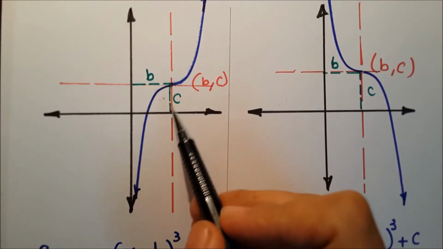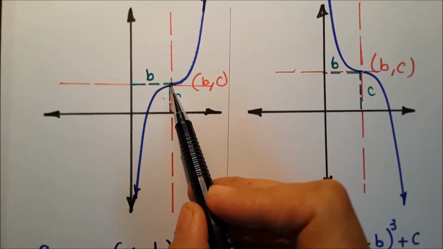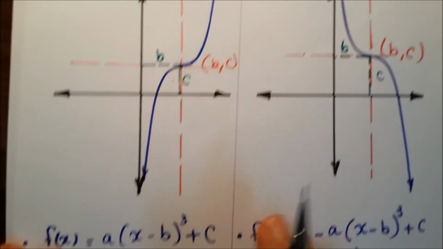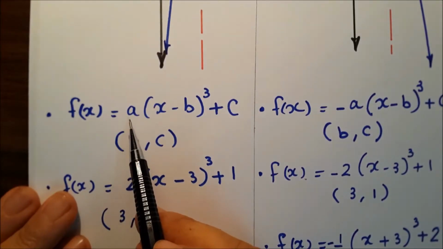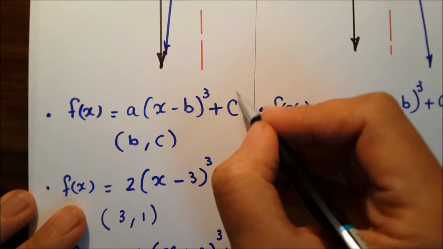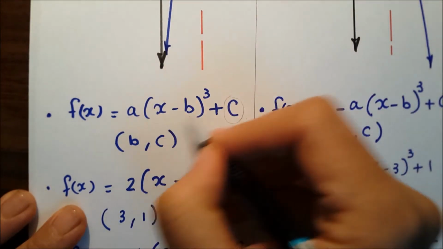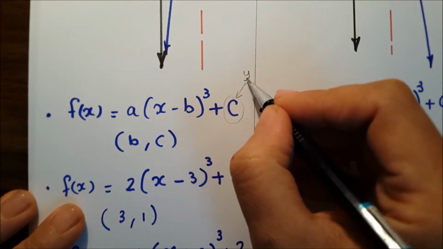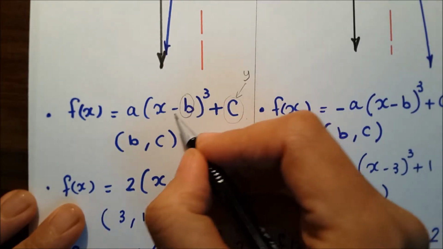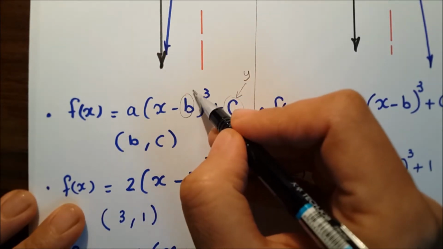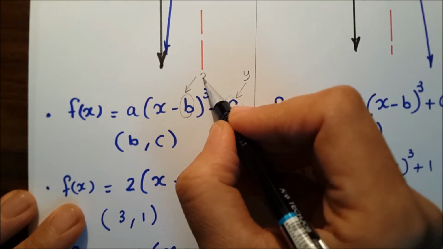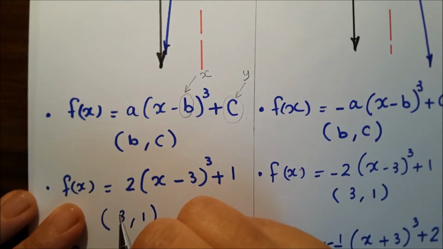If the horizontal translation and the vertical translation are combined in the same function, the graph will have both translations. So if f(x) is equal to a times (x minus b) to the power 3 plus c, the number added outside the bracket represents the vertical translation, or the y value of the point of symmetry, while the b with opposite sign, or the number added inside the bracket, is for the horizontal translation, or the x value of the point of symmetry.